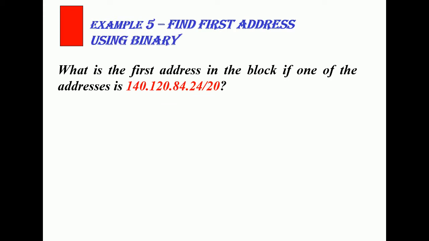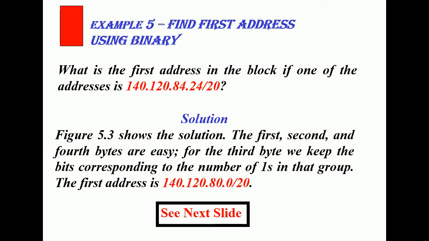Now, one more method is there through which you can find the first address of a block if a random address from the block is given. Here the prefix length is 20. So how can we find it?